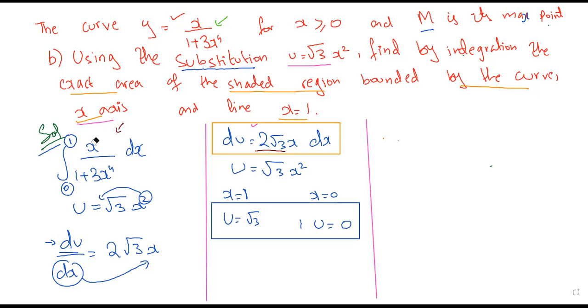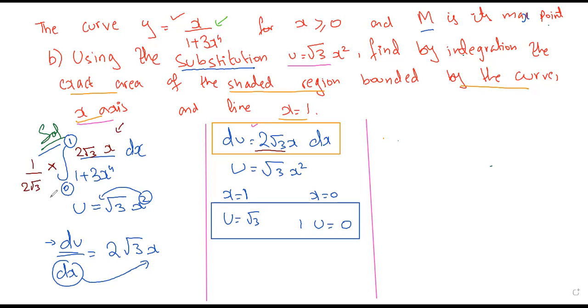This means that we need to make some changes. We can add 2 root 3 and divide by 2 root 3 outside.